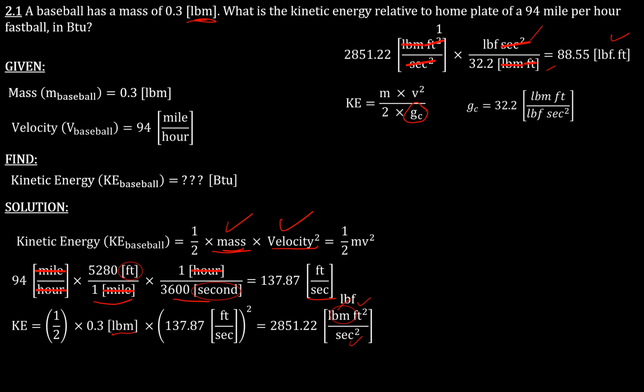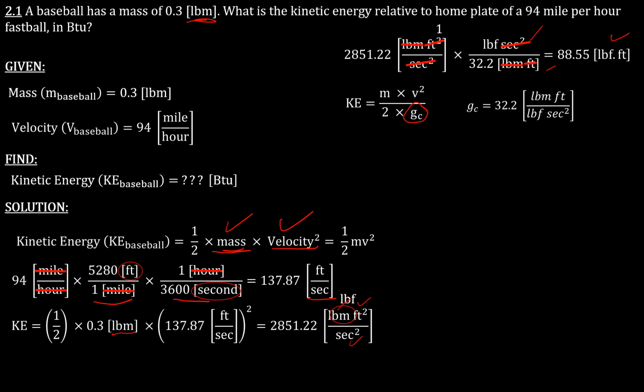So now you will ask yourself, in an equation in US customary units, do we divide by the gravitational constant or do we multiply by it? That depends on the units of the equation. So here in kinetic energy, we want to cancel out pound mass.